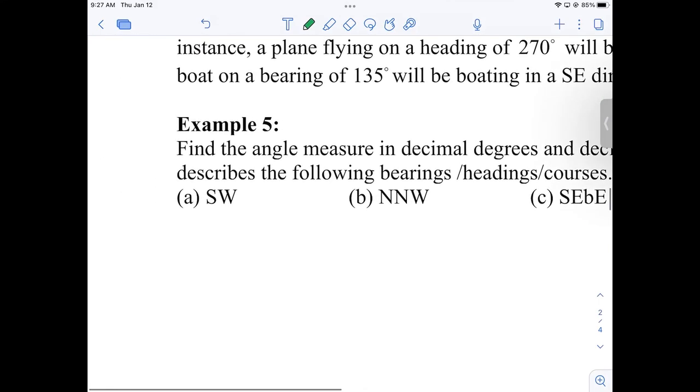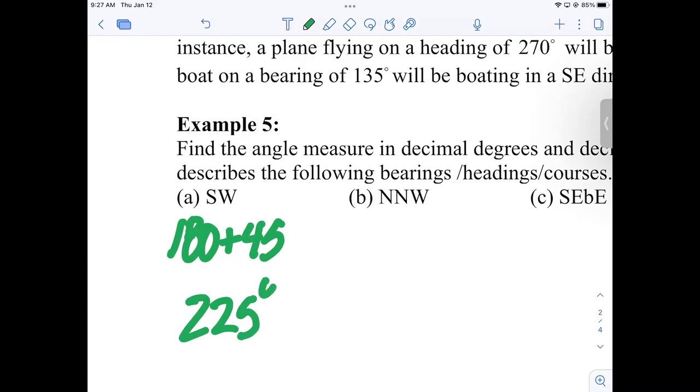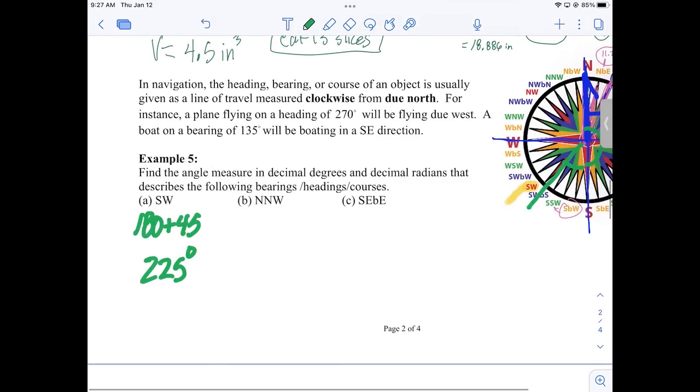So what's 180 plus 45? 225 degrees. So if you told someone that you were traveling on a heading of 225 degrees, they'd be like, oh, you're traveling southwest. And you're like, no, I'm traveling delta. And they're like, no, the direction southwest, silly goose. They're the same. 225 degrees from due north in the clockwise direction.